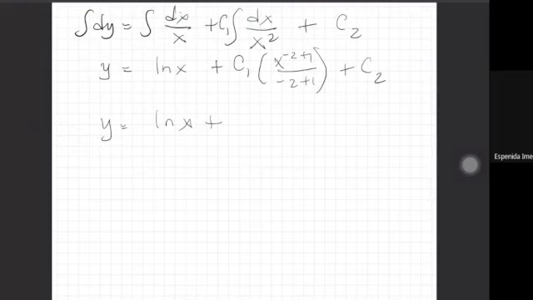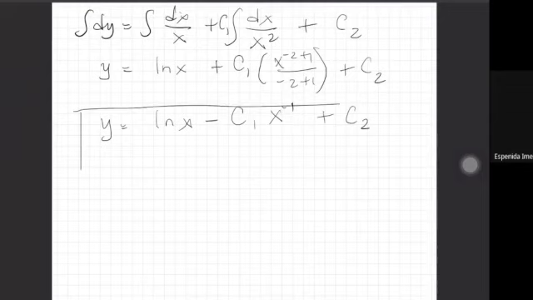This is already negative because we have a negative 1 as a denominator. So c sub 1 times x to the negative 1, plus c sub 2. Finally, our answer. We can simplify, or it's fine as is. This is our final answer.